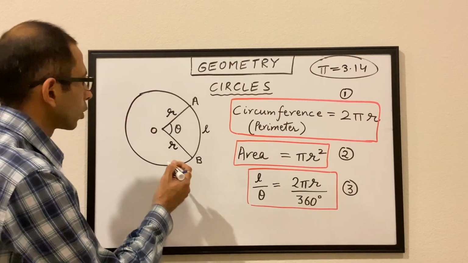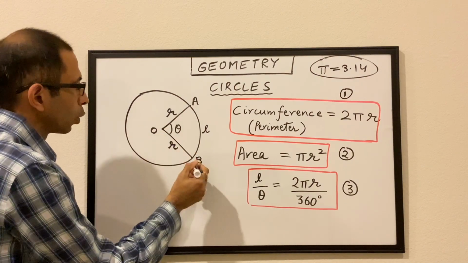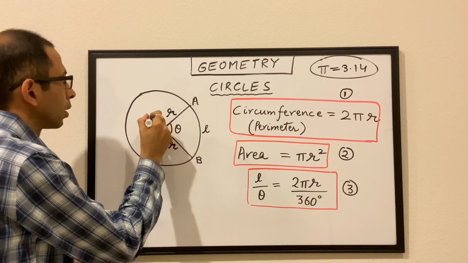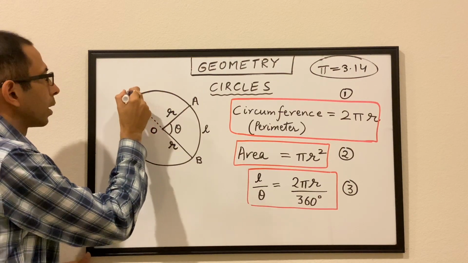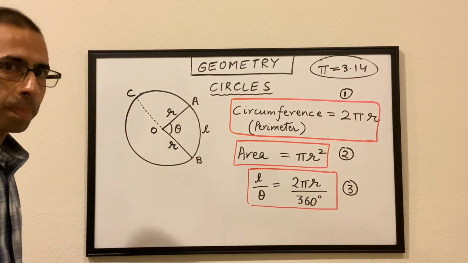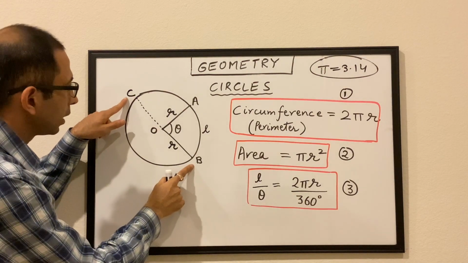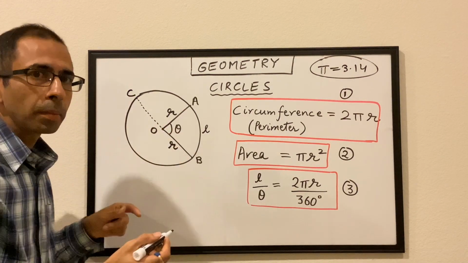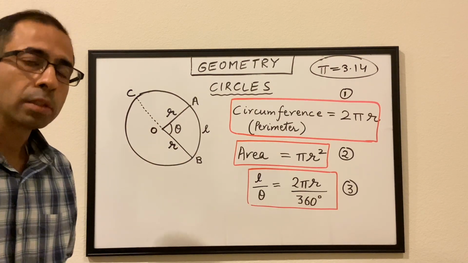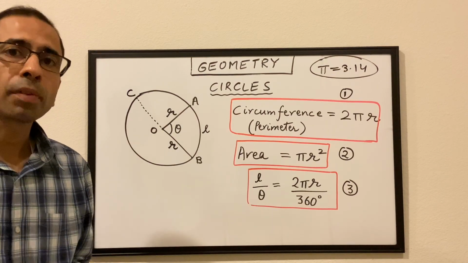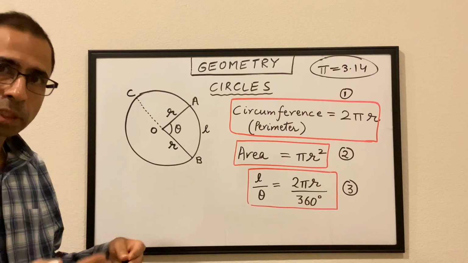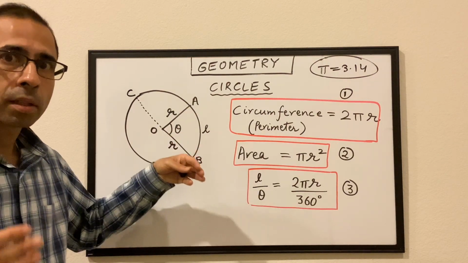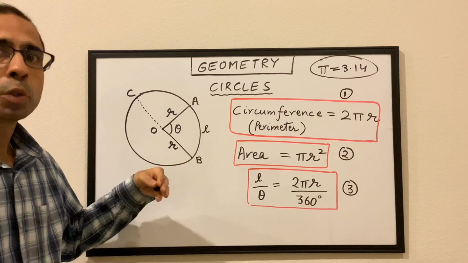Okay, so let's say that we extend this line OB further so that it cuts the circle again at a point, let's say C. Okay, now BC is nothing but called the diameter of a circle. So what's the diameter of a circle? A diameter of a circle is any line which passes through the center of the circle and touches the circle at the two end points.